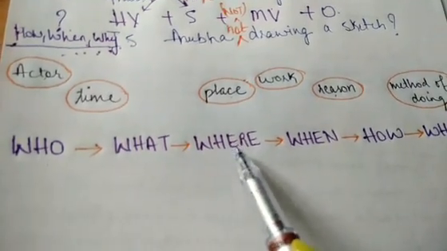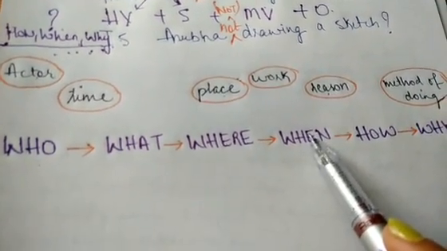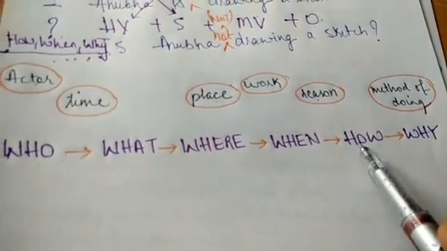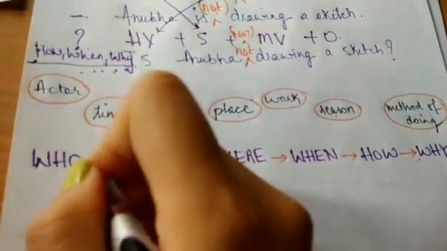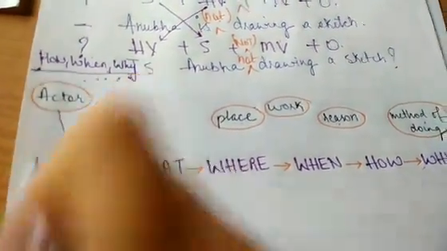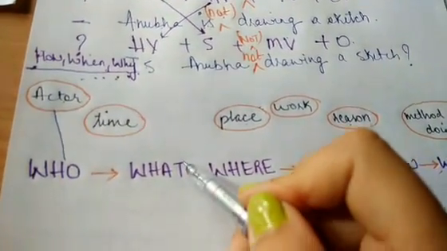First we tell where, then we tell when, then how, and then why. First is the actor, who, then what.